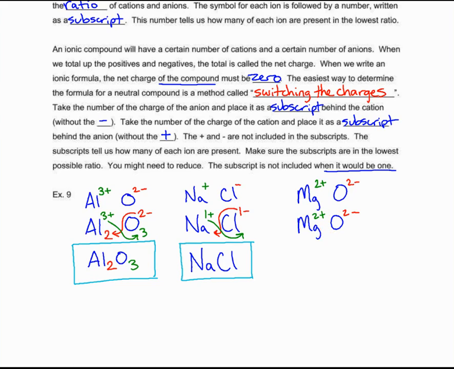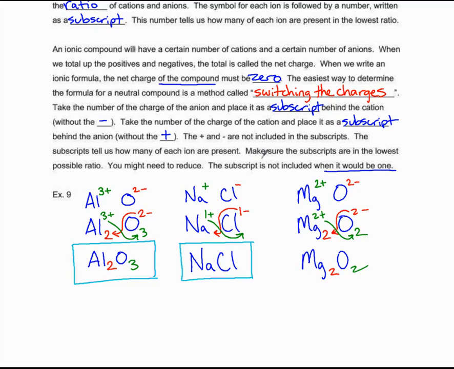Try to spread this out a little bit. And you take the number of the charge of the cation and place it as a subscript behind the anion. And so what you come up with is Mg2O2.